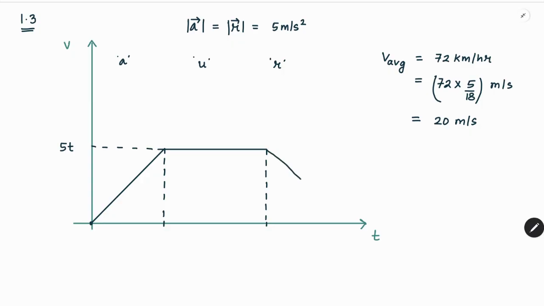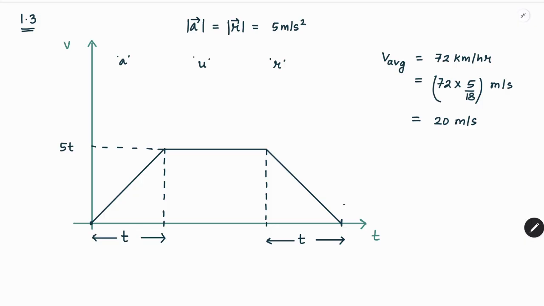The car retards and comes to rest with the same magnitude of retardation as the acceleration, which is 5 meter per second square. So if this time interval is t for acceleration, in which the car has attained a maximum speed of 5t, then the time duration for retardation is also t, in which the car comes to rest. Now the total time of motion is 25 seconds.